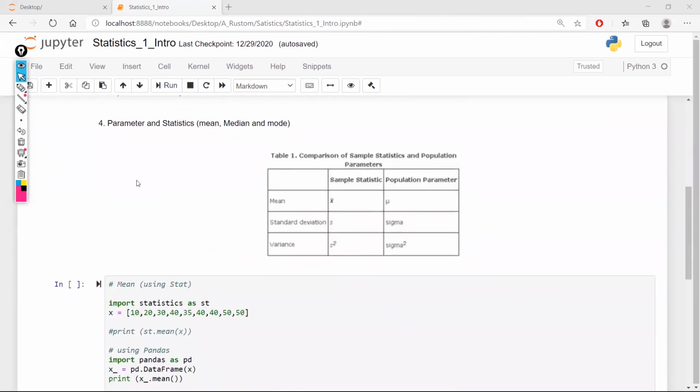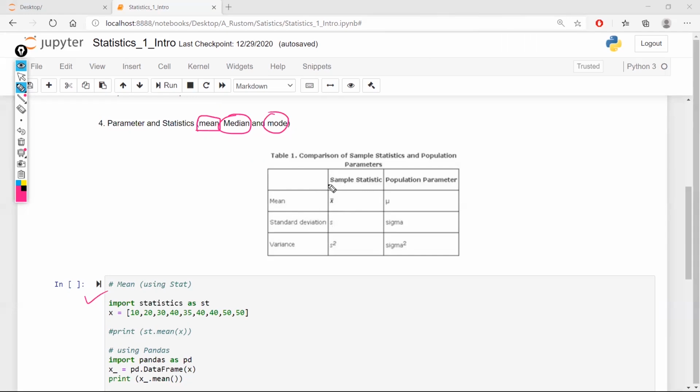So now let's understand some of the parameters here. A mean, a median, and more. We'll understand them one by one in a few minutes. If I talk about parameters, how to represent mean, median, or standard deviation, things like that, let's understand.